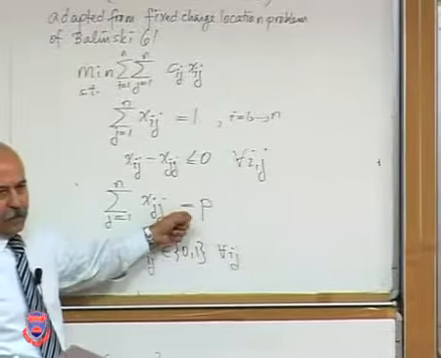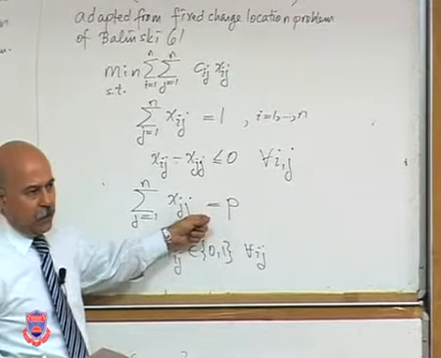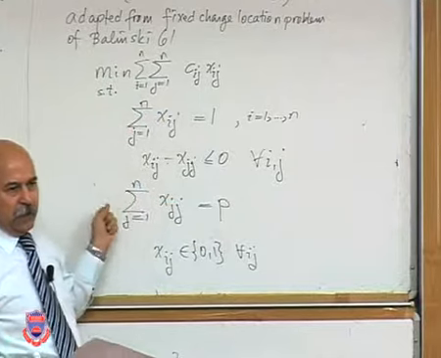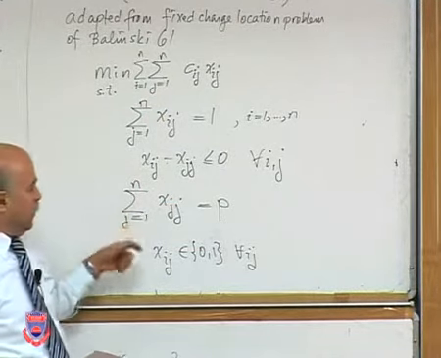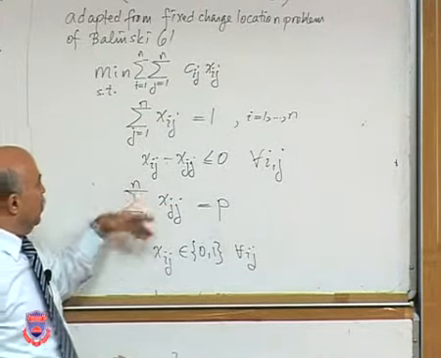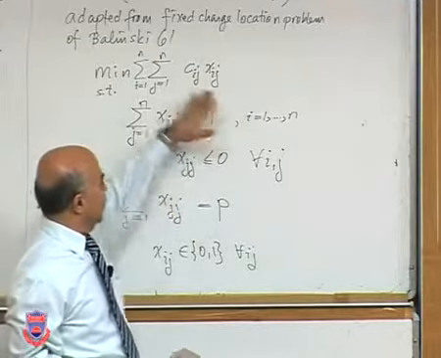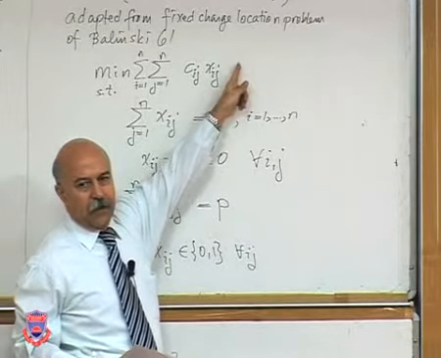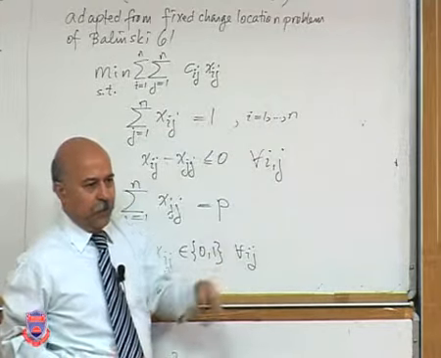What you do actually is you take this constraint and throw it into the objective function by multiplying with a multiplier lambda. When you do that, that becomes, in a sense, the fixed charges associated with opening facilities.